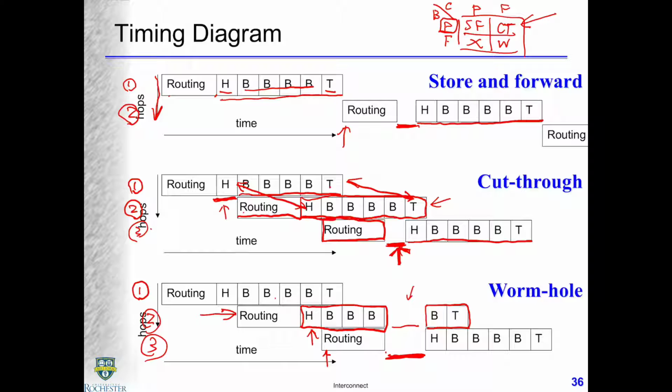And this is sort of why I guess it's called wormhole, that the packet is like a worm. It's kind of crawling through these nodes, and at one point, this is what's happening. These 4 flits actually are arriving already at this time. They have already arrived at node 3, sitting in that buffer, but the other 2, the tail of this worm, is still sitting in the buffer of node 2.